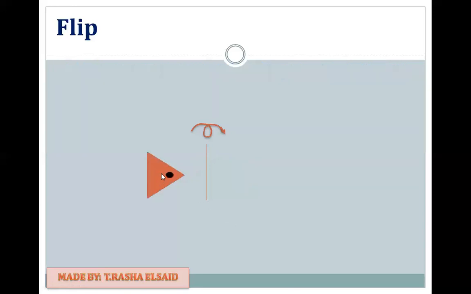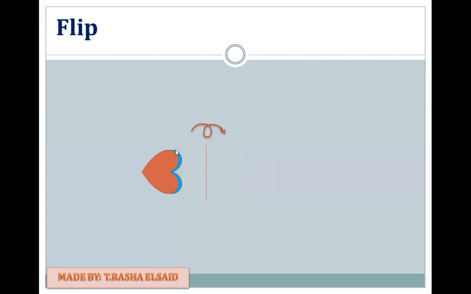Also here, if I like to flip this triangle, which has a dot on its right, when I flip it, look, it will be looking to the opposite direction. This is the back of this one, the face that is at the back. So this is the meaning of flip.